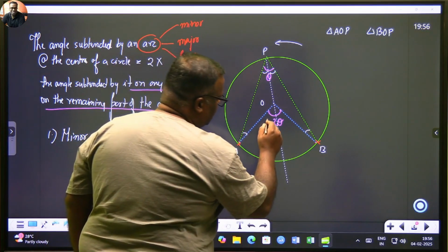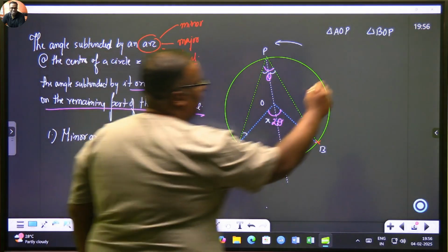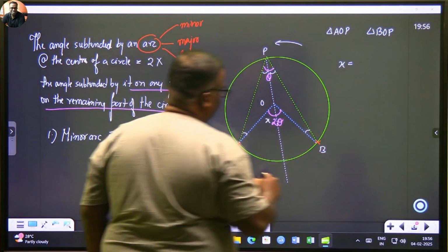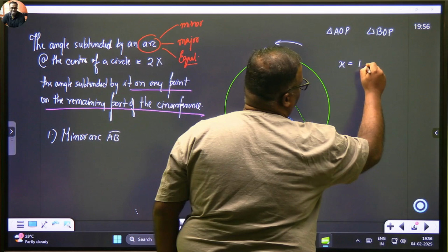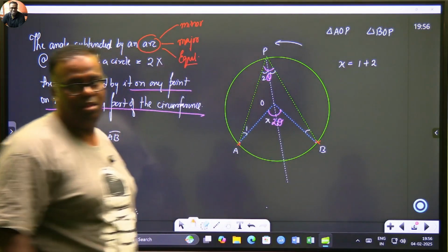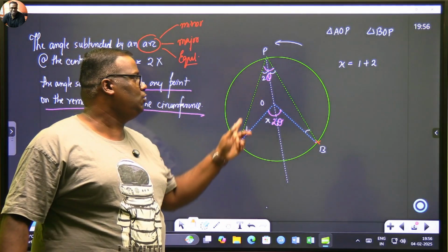Let me take this angle as X. X is the exterior angle which should be equal to 1 plus 2. Exterior angle is sum of two opposite interior angles. Do you know this theorem or not?